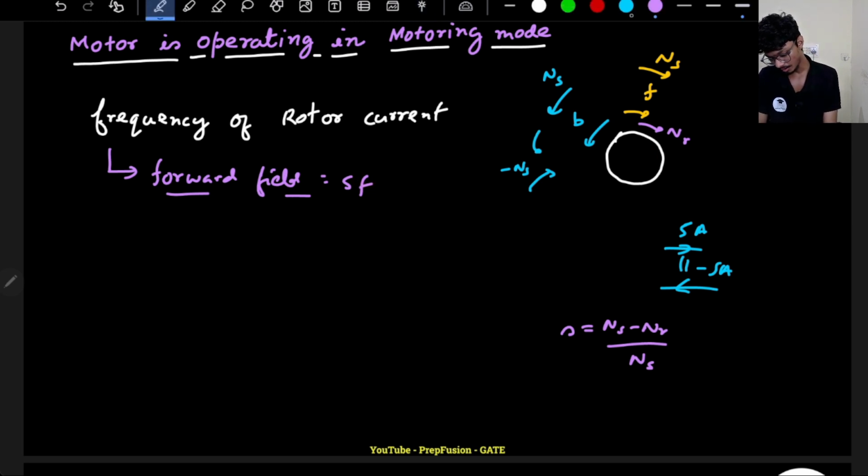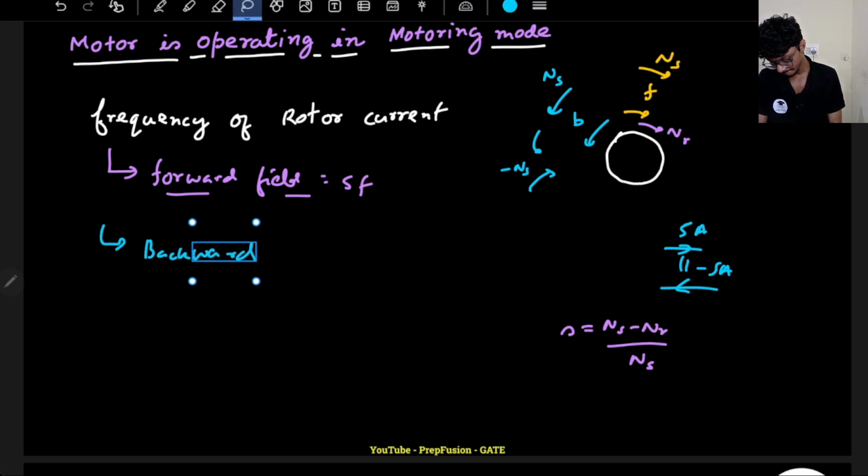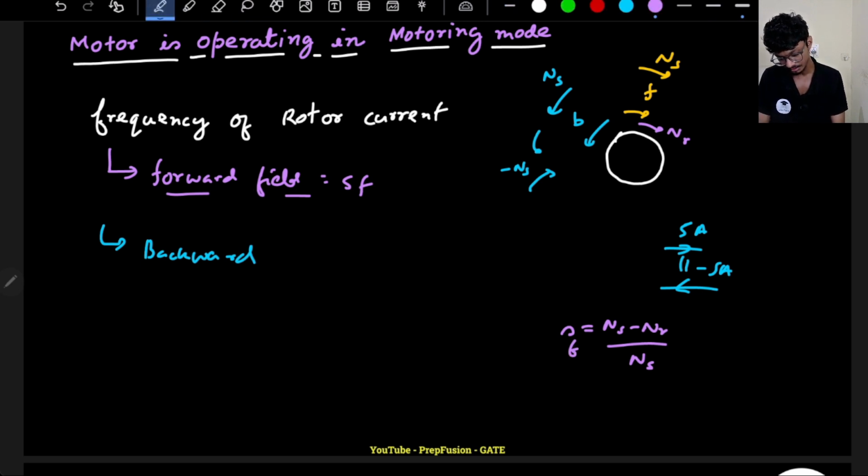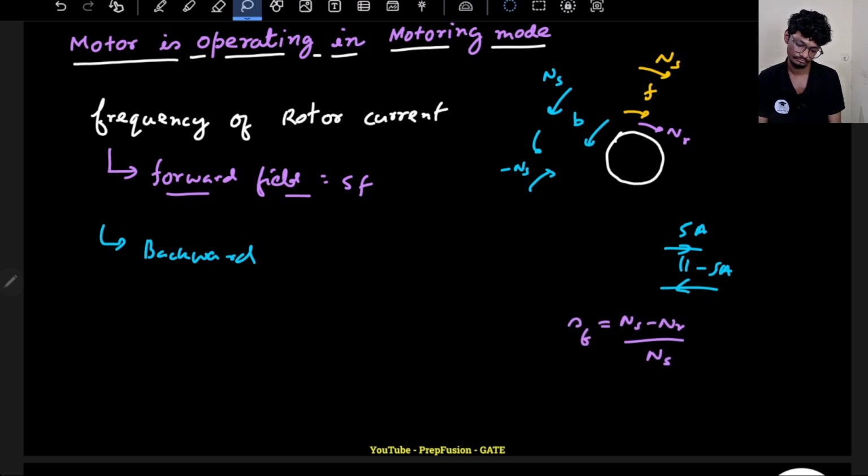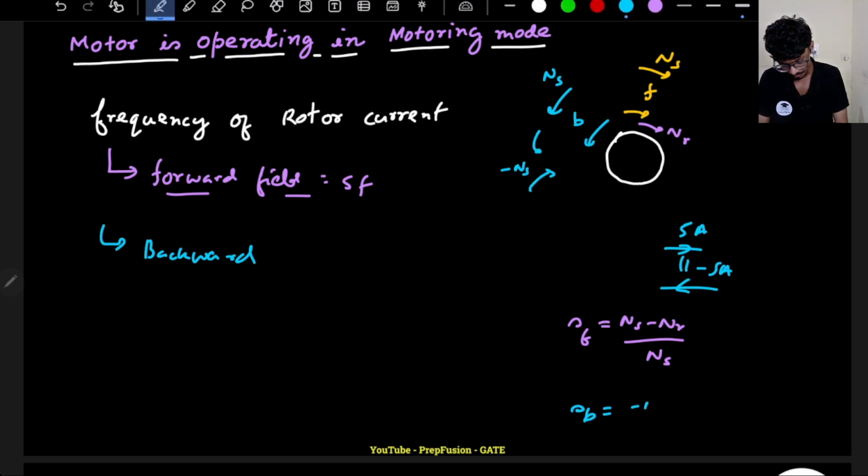Now what about the backward field? The backward field is kind of interesting. So for the backward field, we know that the forward field slip SF was this. What about the backward field slip? For the backward field slip, remember your speed has now become minus ns, right? So this will be minus ns, this will be minus nr, divided by ns.